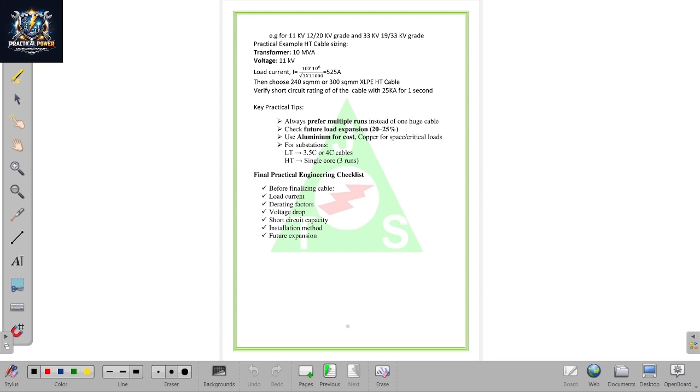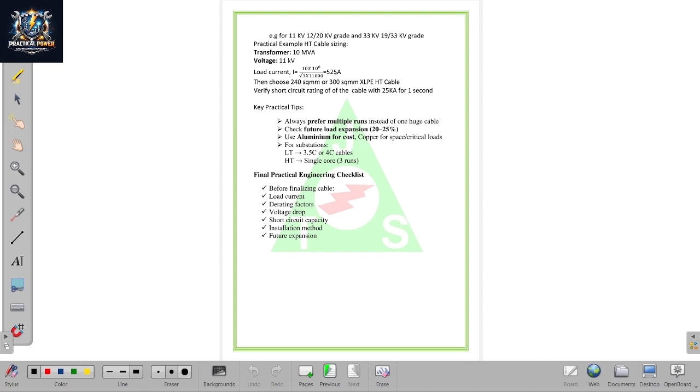Now we take a practical example for cable sizing of the ST cable. For example, for a power system, it is given that the transformer MVA is 10 and the system voltage is 11 kV. We have to find out the load current. I is equal to 10 into 10 to the power 6 VA divided by root 3 into 11,000.